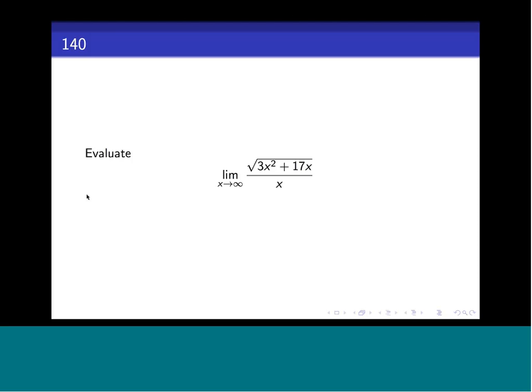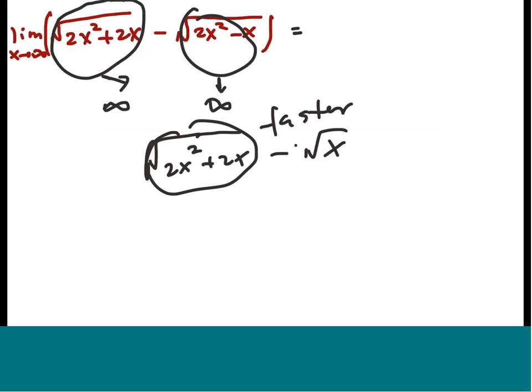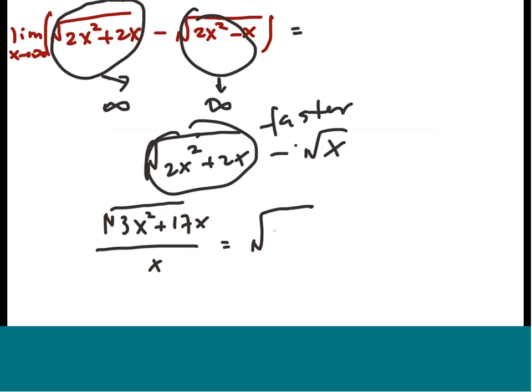Let me see. I'm not sure why you get that though. Because you have square root of 3x squared plus 17x, then you divide it by x, then you have square root of 3 plus 17 over x. So still the same thing.